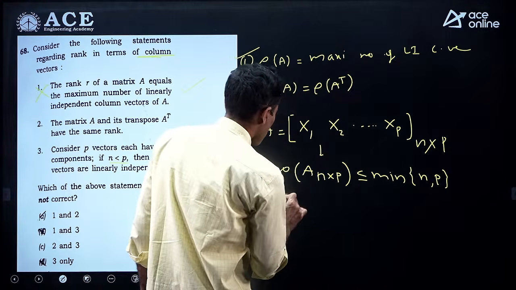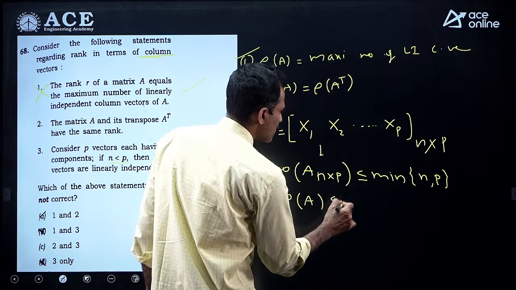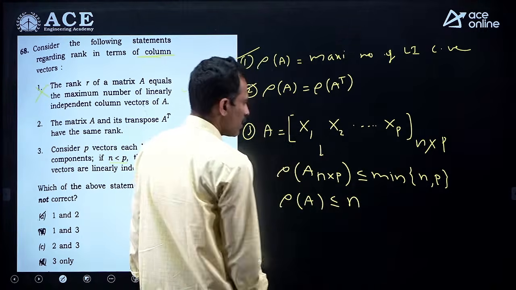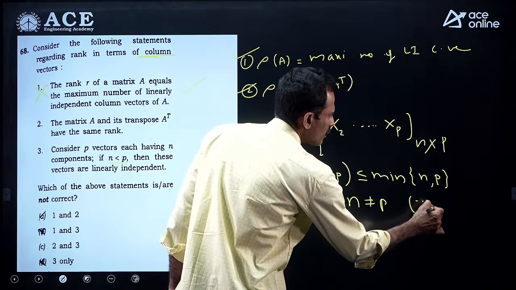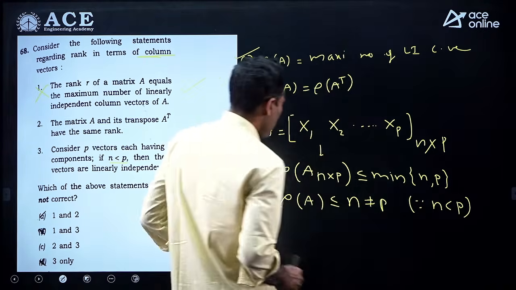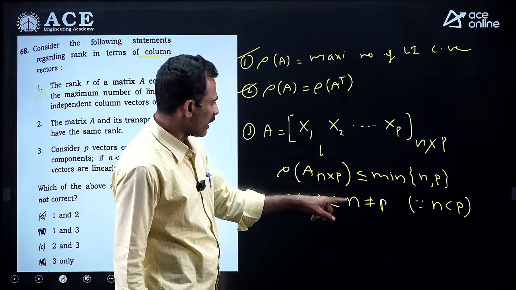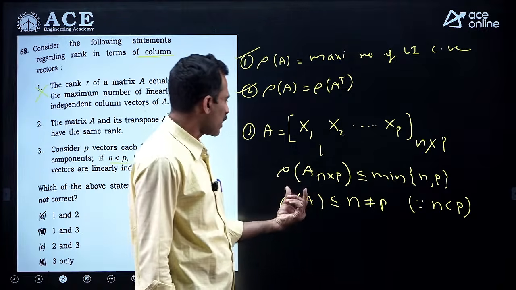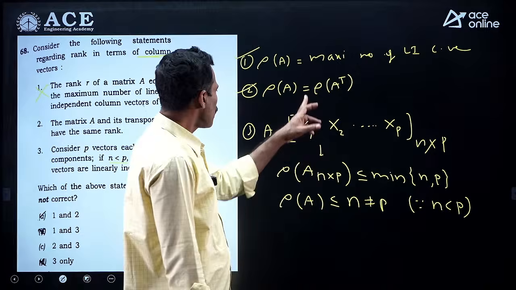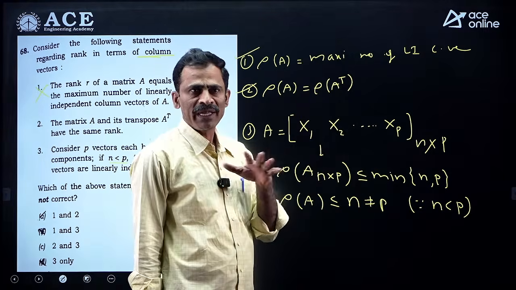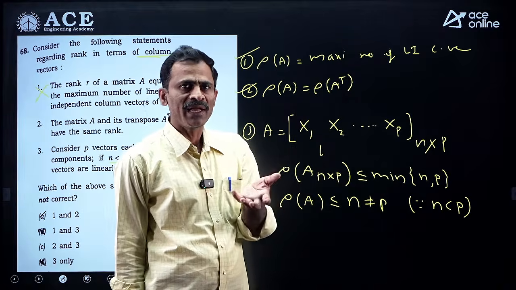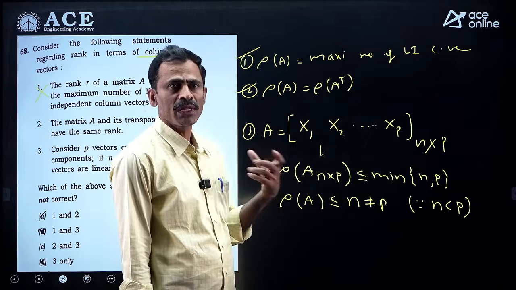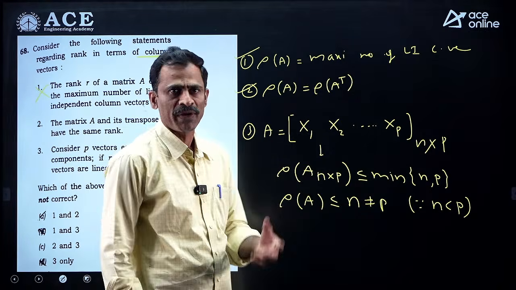So rank of A is less than or equal to n, and this is not equal to p since n is less than p. Rank is either n or less than n. That means rank is not equal to p, meaning all the p vectors are not linearly independent. Suppose rank is equal to p, then the p vectors will be linearly independent. Here not equal means all the vectors are not independent, that is, dependent vectors.